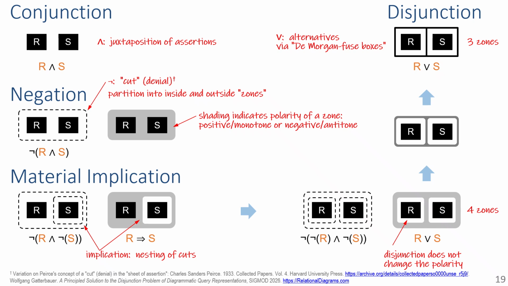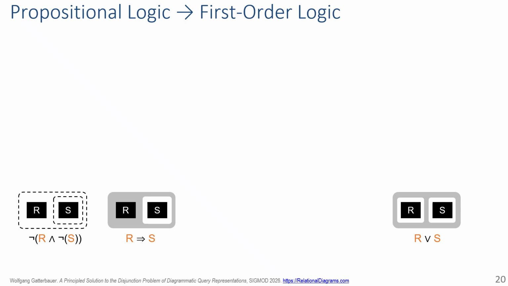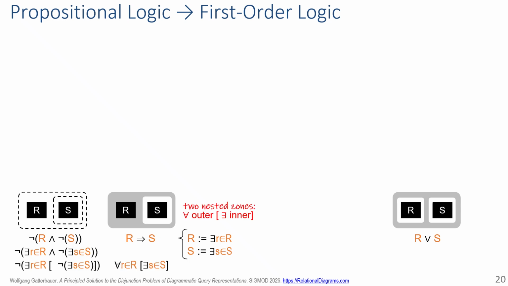What about first order logic? So for first order logic, let's interpret R, that means R is true, as there exists a tuple in R, and similarly for S. Then, step by step, the expression R implies S is the same as for all tuples in R, there must be a tuple in S. Great.